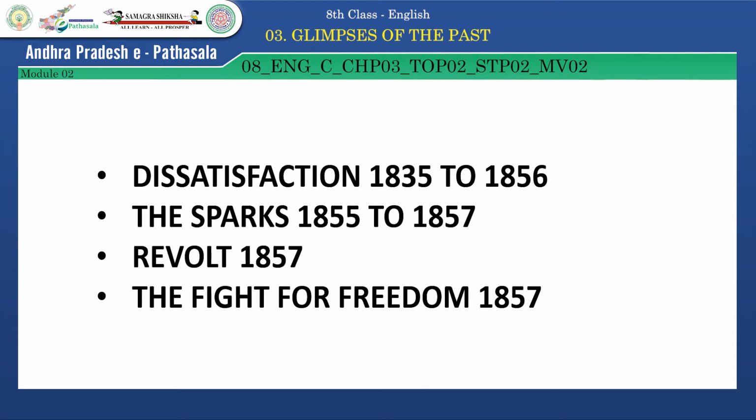Dear students, under working with the text, we have completed different events like dissatisfaction 1835 to 1856, sparks 1855 to 1857, revolt 1857, the fight for freedom 1857. Now let's have a comprehension check.